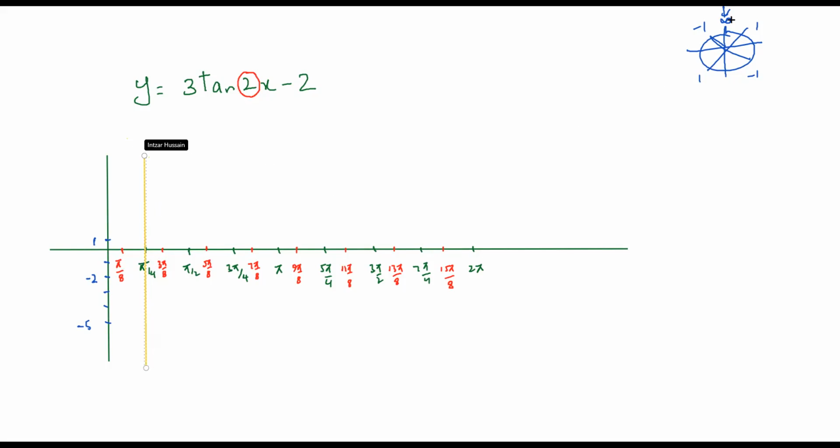Okay, the next asymptote normally comes after every 180 degrees or pi radians. So this will be coming after pi by 2. Okay, so pi by 4 plus pi by 2 is basically 3 pi by 4. So you will have your next asymptote at 3 pi by 4. So here is your 3 pi by 4 here.